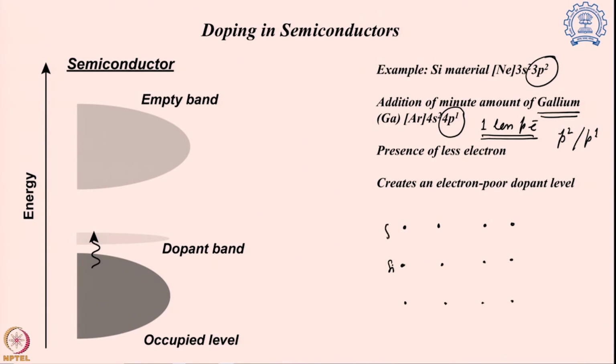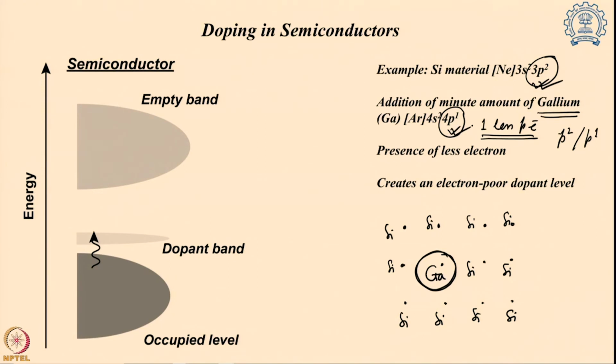Over there, among all the silicas, we will replace a few of them with gallium. And what is the effect of the presence of this gallium? This gallium is going to bring one less p electron, and that is going to create a hole in the system, because where you expect 2 p electrons, now we have only 1 p electron.